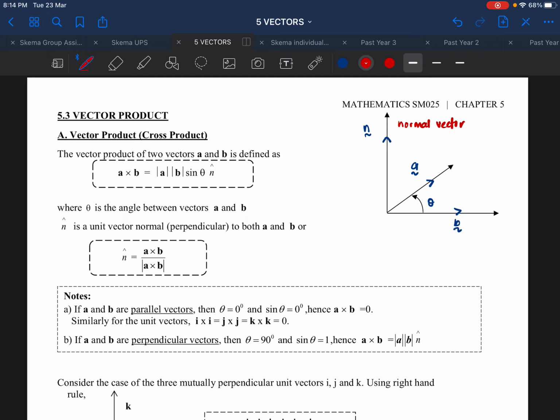Macam biasa, theta is the angle between A and B. N hat is a unit vector perpendicular. Kita tahu n ialah vector perpendicular to A dengan B, so n hat ialah unit vector.